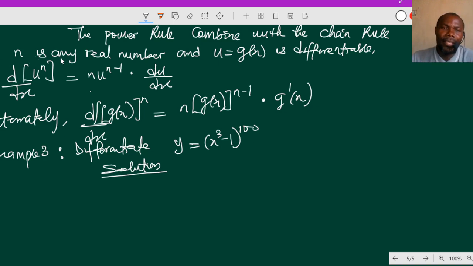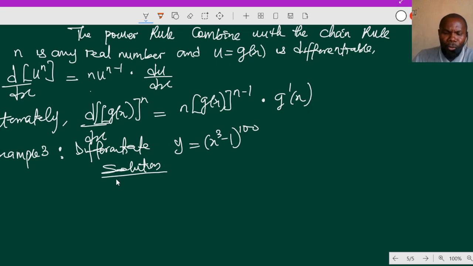If n is any real number and u is equal to g of x, is differentiable, then u raised to the power n has derivative n u to the n minus 1 times du/dx. Alternatively, g of x raised to the power n gives n g of x to the n minus 1 times g prime of x. This is like the first example, but this one involves power rules.